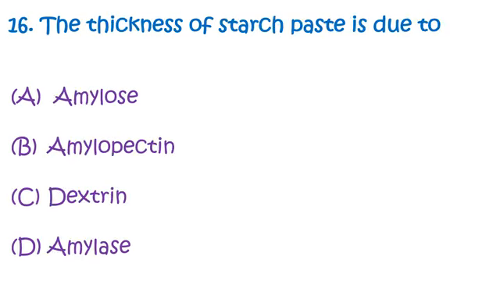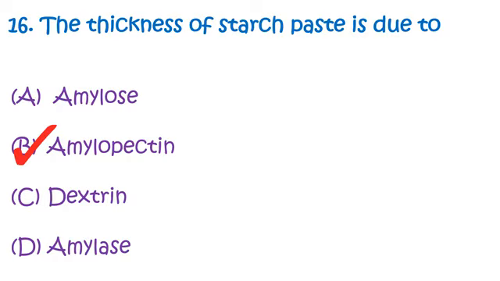Question number 16. The thickness of starch paste is due to. Options are option A amylose, option B amylopectin, option C dextrin, option D amylase. And the correct answer is option B, amylopectin. Now starch generally comprises two components, mainly amylose and amylopectin, but the amylose is not soluble in cold water and does not readily form a gel unless it is heated.